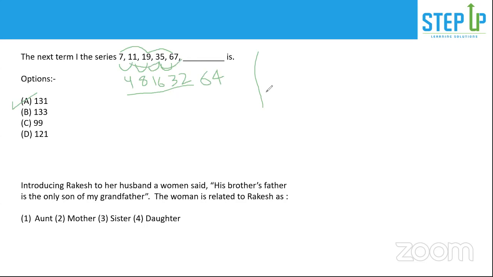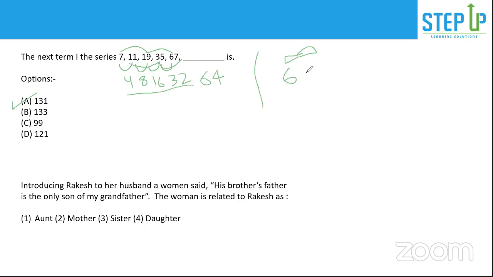One trick to find out whether there is a mixed series is to remember that they will give a minimum of 6 terms, because if there are two patterns, you need at least 3 terms to determine each pattern. So whenever you see a bigger series, with 6 or 8 terms, keep in mind that there could be a mixed series. Otherwise it will be very confusing. But the moment you see that every odd term follows the same logic and the even terms follow the same logic, that's one trick.